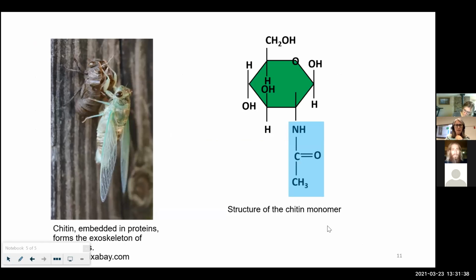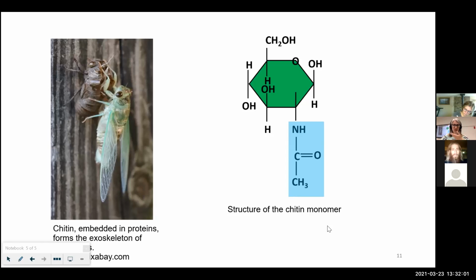Okay, so the chitin monomer is what you see there on the right. You recognize that green hexagon, which should remind you of glucose. So it's basically a glucose molecule with, in blue, that nitrogen-containing appendage. Okay, so you put a whole bunch of those together and you get chitin.